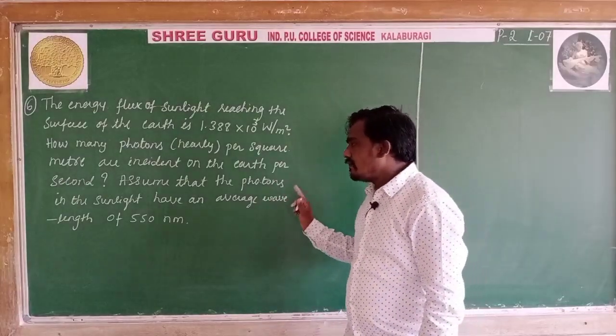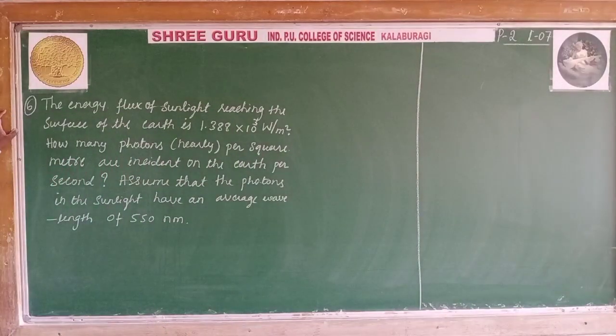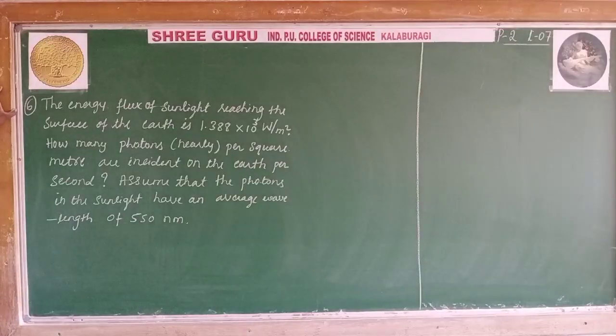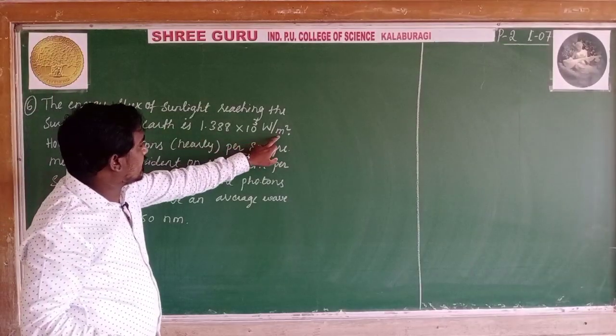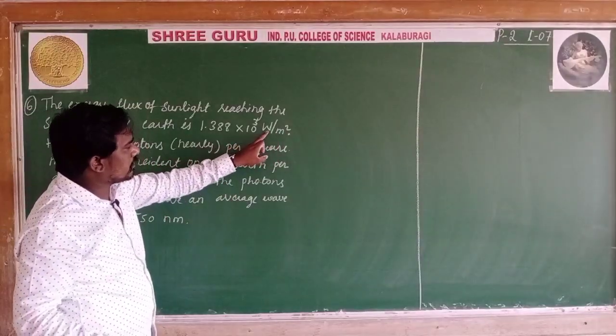Assume that the photons in the sunlight have an average wavelength 550 nanometers. Listen here, we should find the number of photons emitted per second. But here they mention number of photons per meter square second. We should find the number of photons.